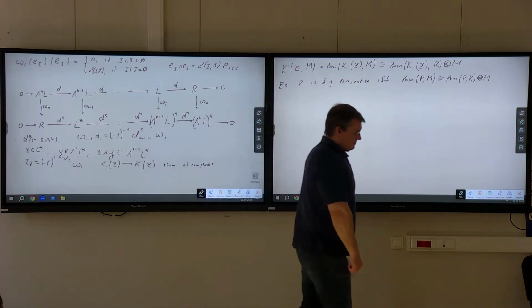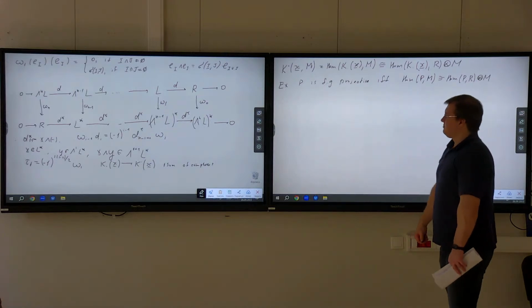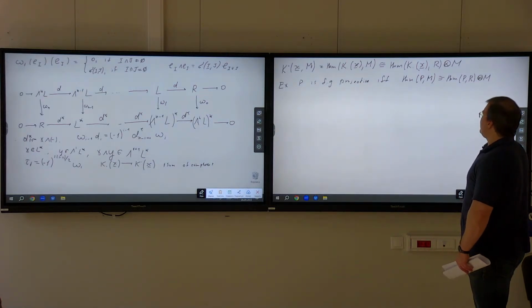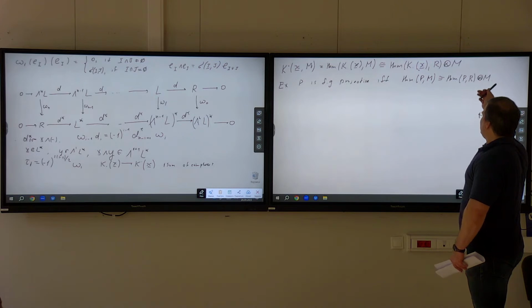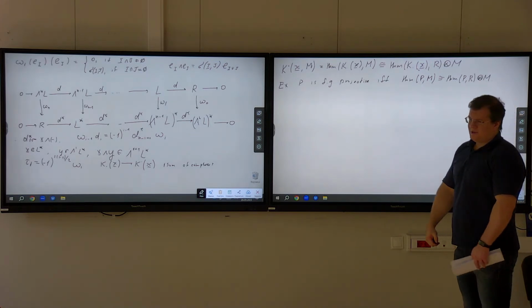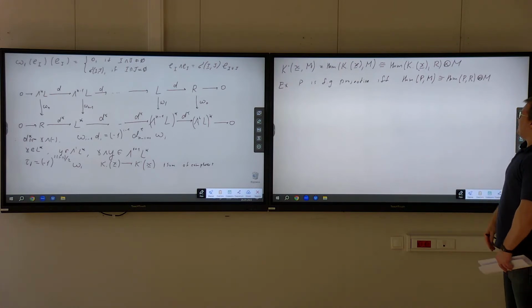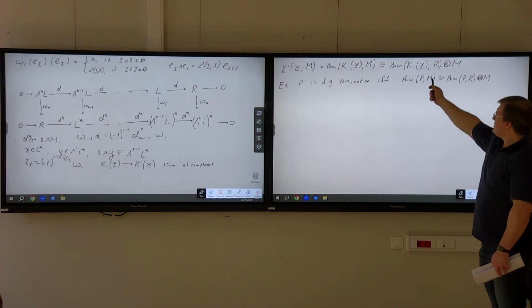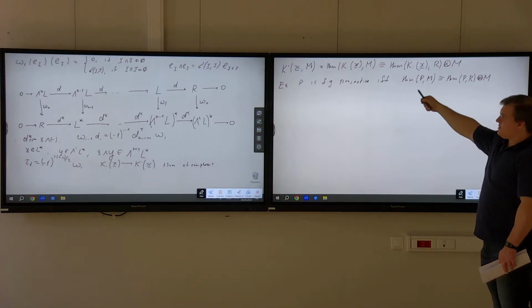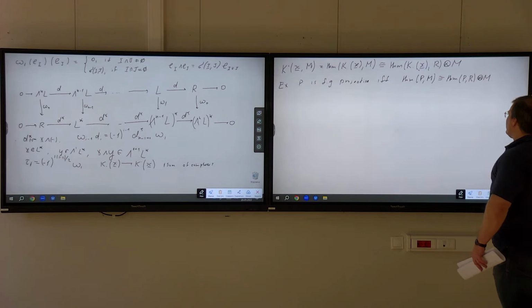And why do we need finitely generated? Well, if this is not finitely generated, this is clearly not true, even for vector spaces. Yeah, if M is just K, and this is an infinite dimensional vector space, then this is fine.